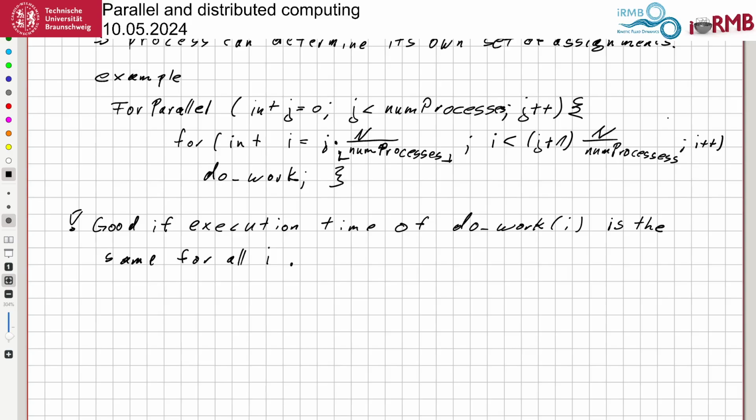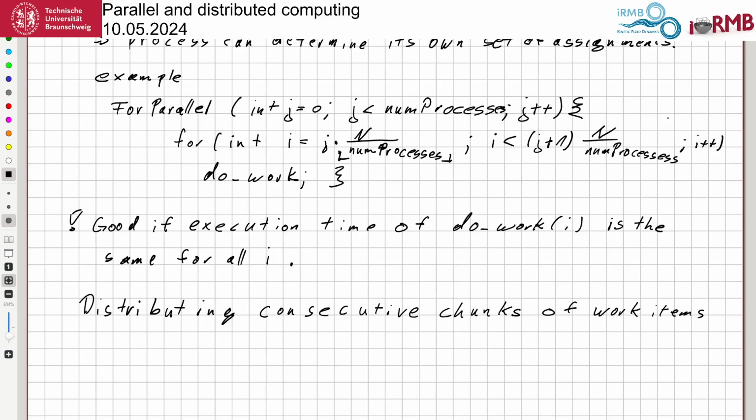This way of cutting things up has a name. Distributing consecutive chunks of work items, consecutive, my dyslexia, is called blocking.